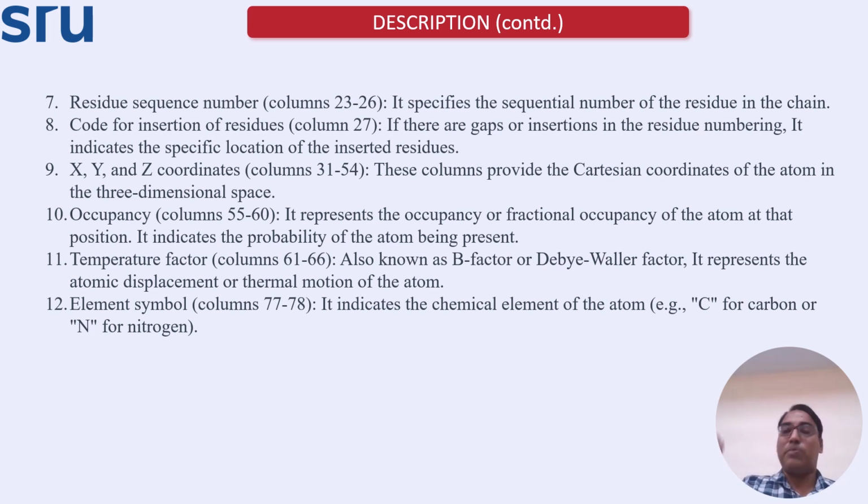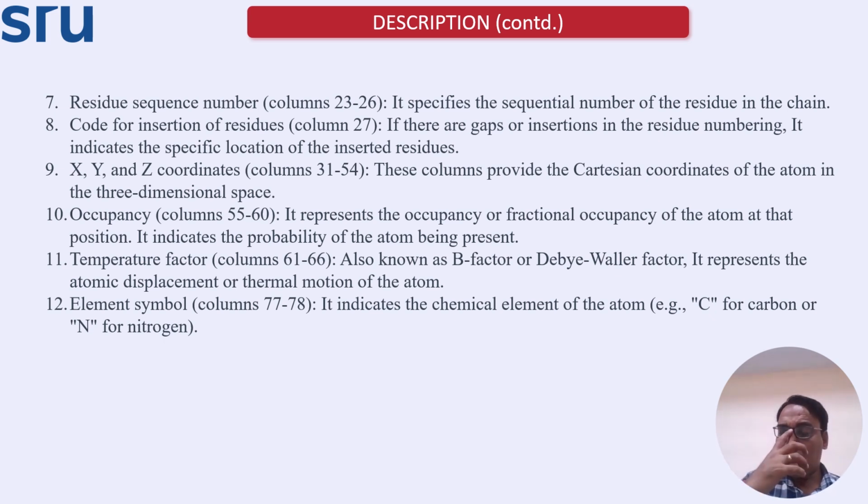This occupancy column shows the probability. Means if two atoms are present at two different positions, what is their occupancy? The temperature factor is also known as B factor, Debye-Waller factor. This just shows how much the thermal motion or atomic displacement is. The higher this score, the more that atom was displaced from its original position.